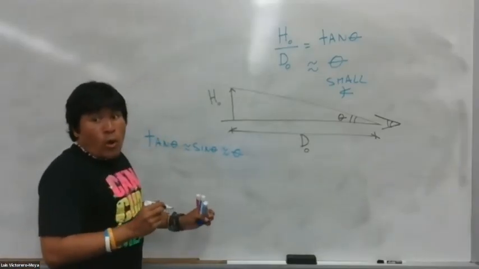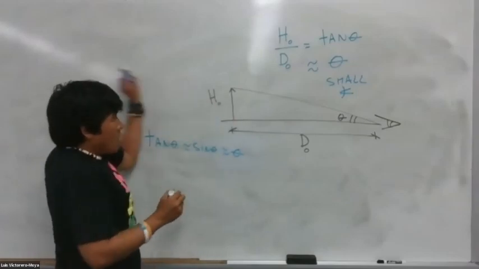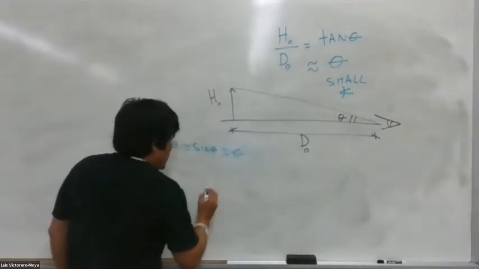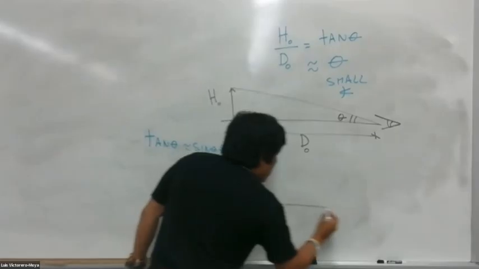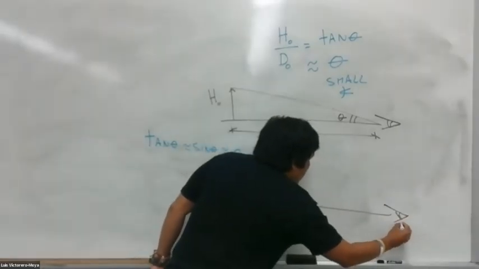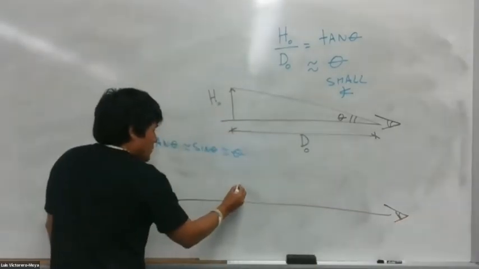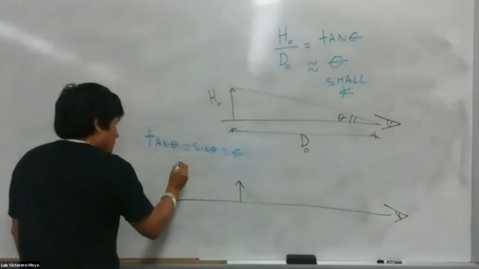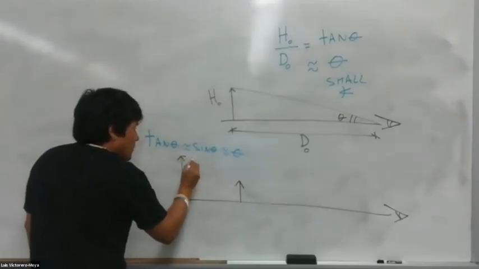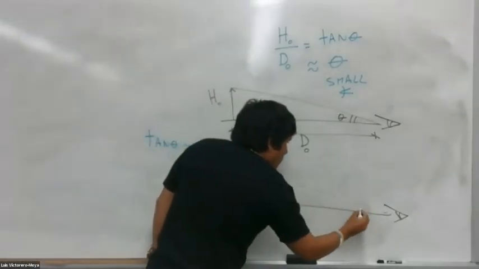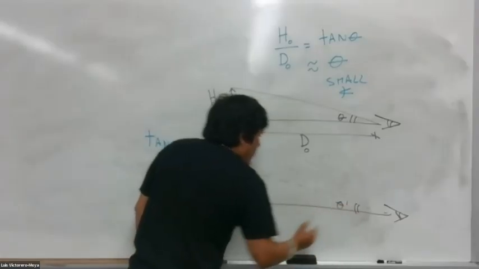So if you were to have an image due to this object, and you will also be looking at it, you have another angle here, theta prime.